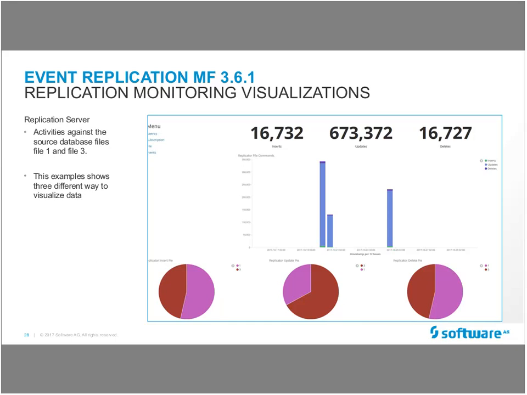Then you see graphs, and you can see the inserts, the green ones down, and you can see the updates, and there at the top we have a few deletes. That's what you can see, or you can see it in a pie chart, how many inserts and updates are done against the files.